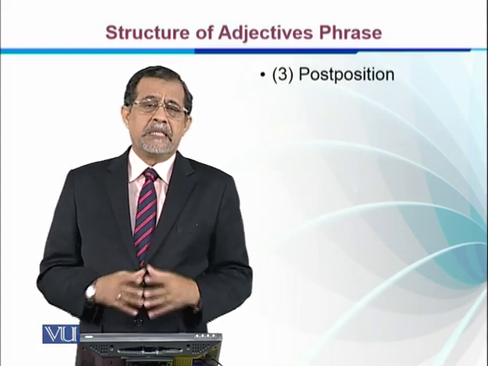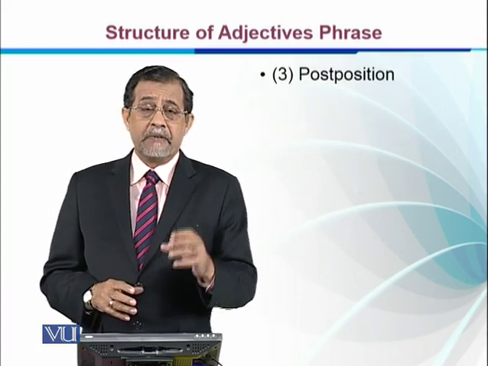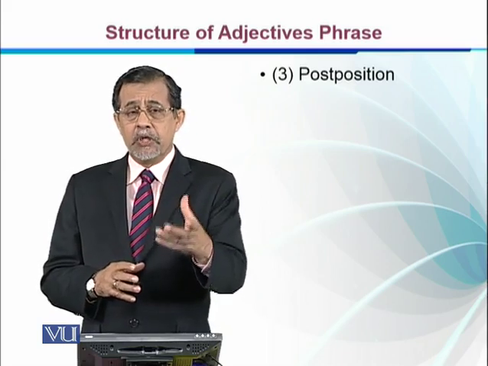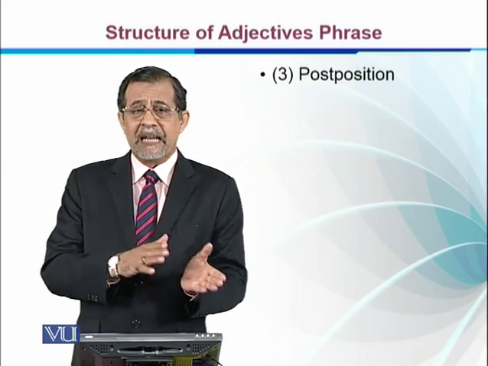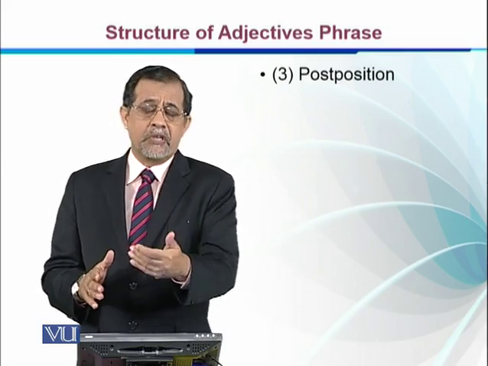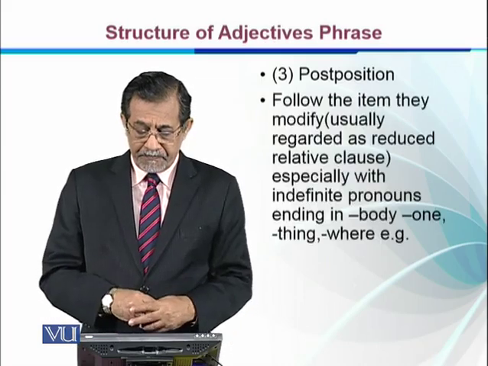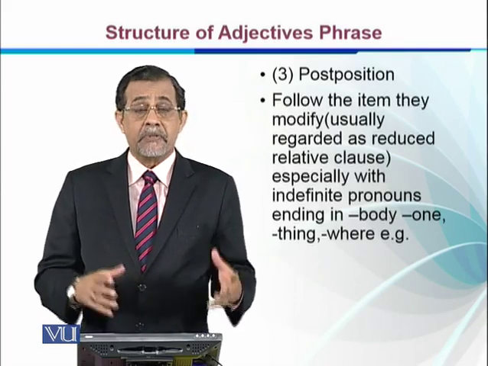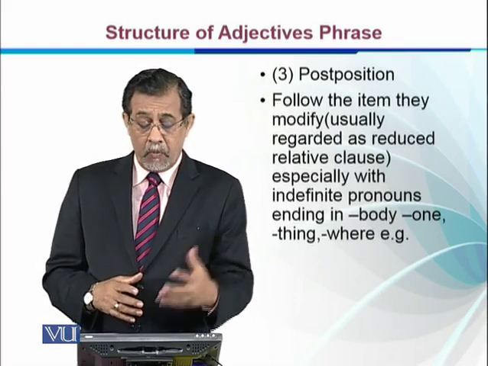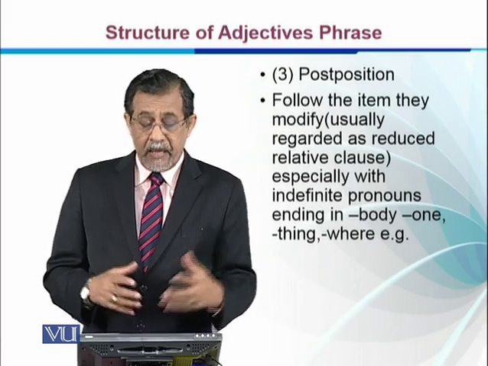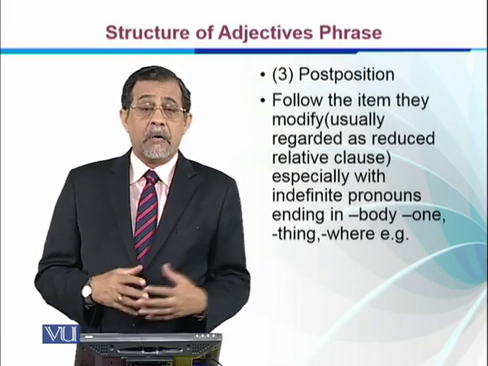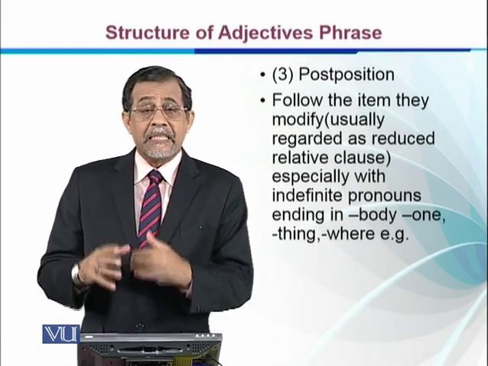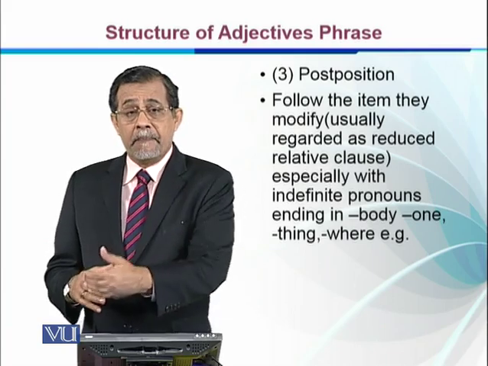Postposition. This is the postposition of the adjective, that there are certain adjectives which can be used in postposition. That means after the noun they modify or describe. For example, especially with indefinite pronouns ending with body, one, thing, like anybody, anyone, anything, everywhere, etc. The adjectives come after them, not before them.